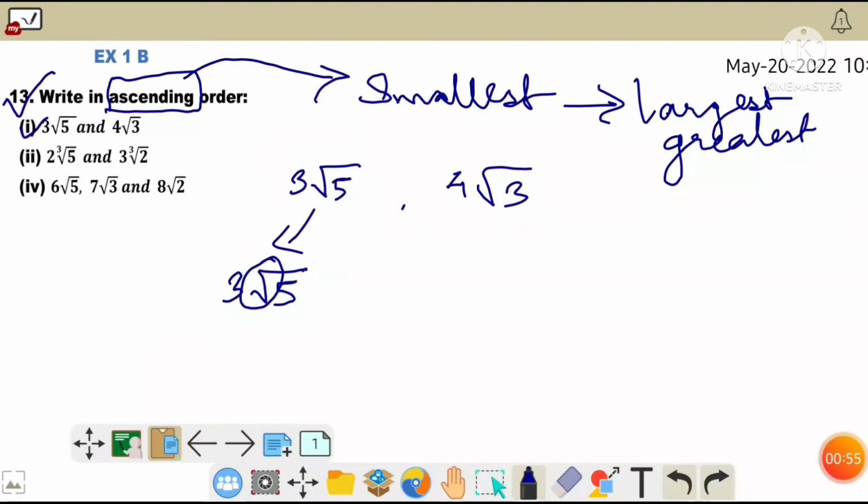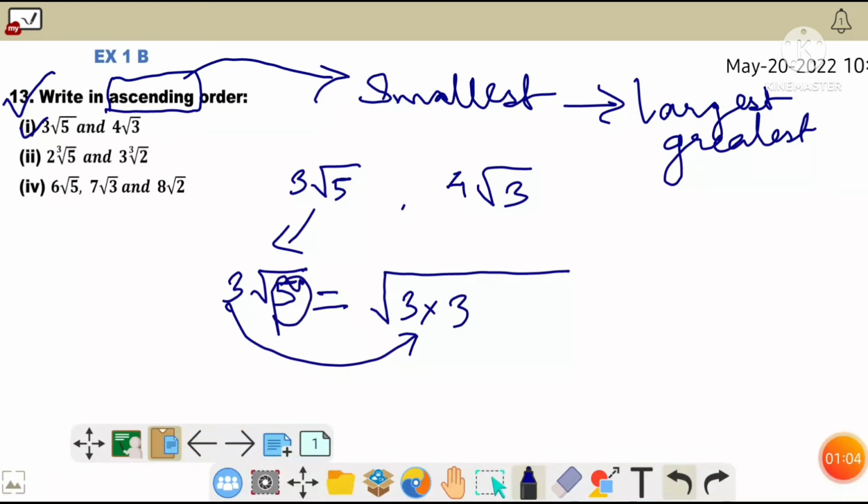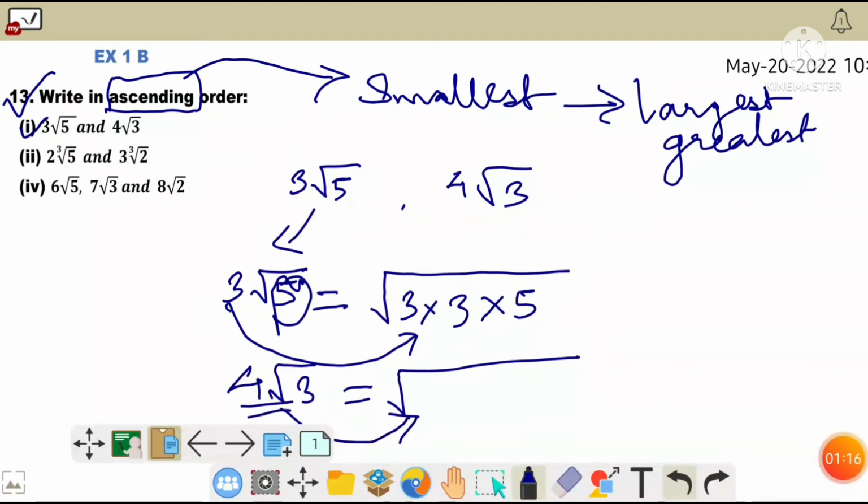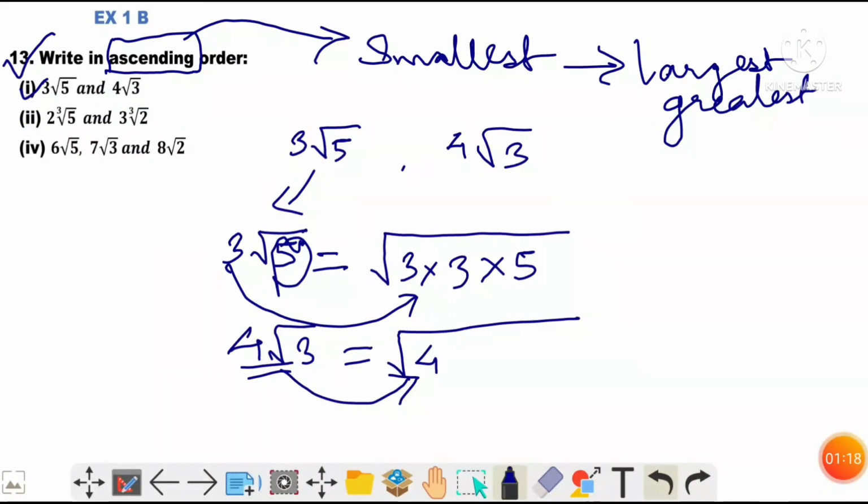So we can write 3 root 5 as root of 3 into 3 into 5. In the same way, we can write 4 root 3 as root of 4 into 4 into 3.